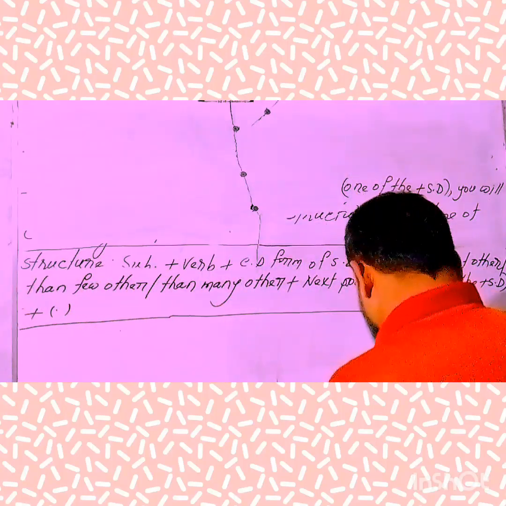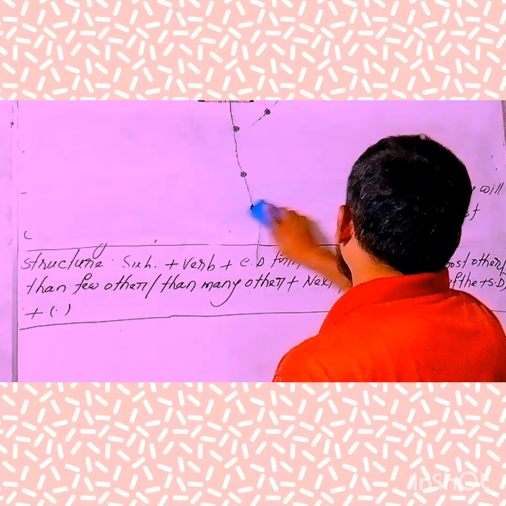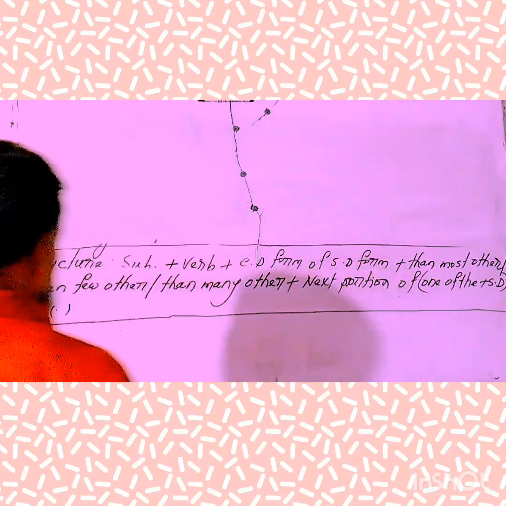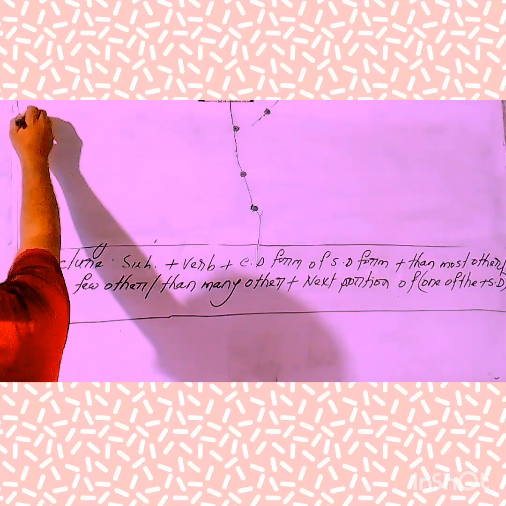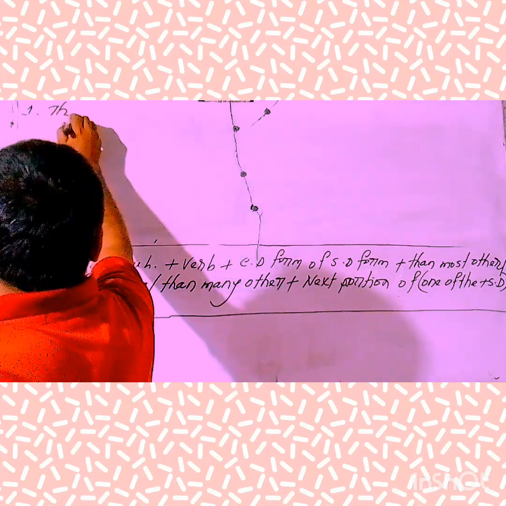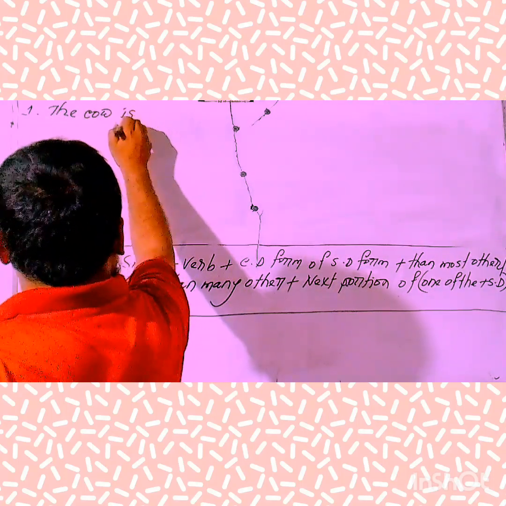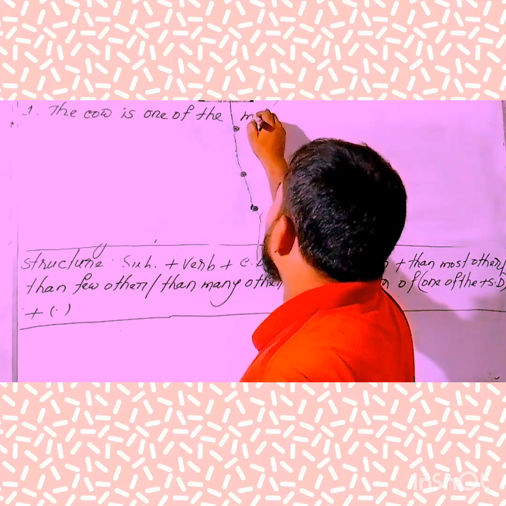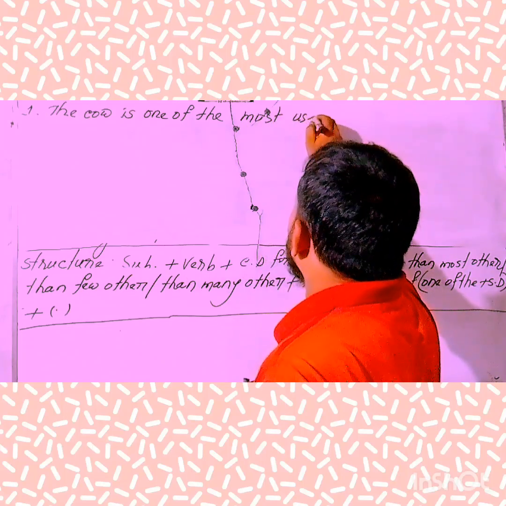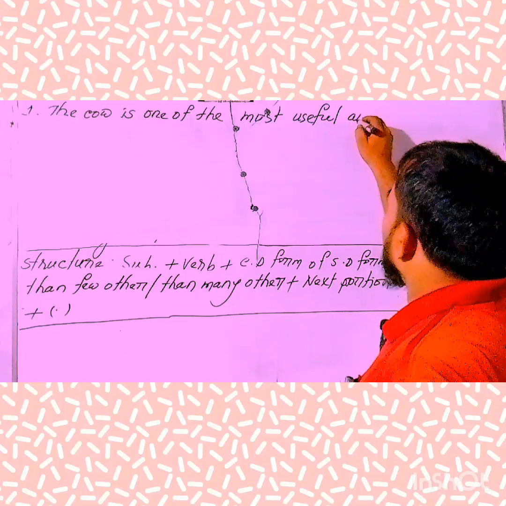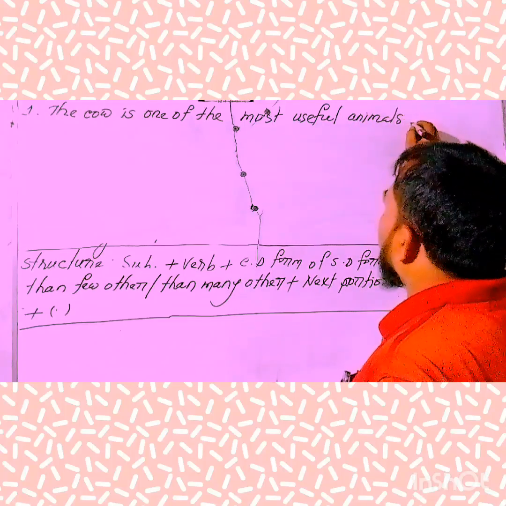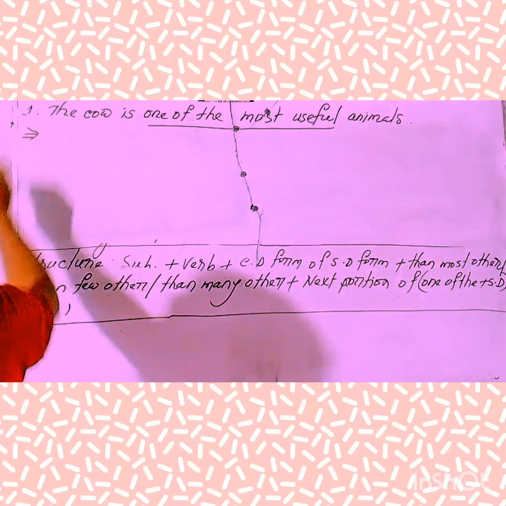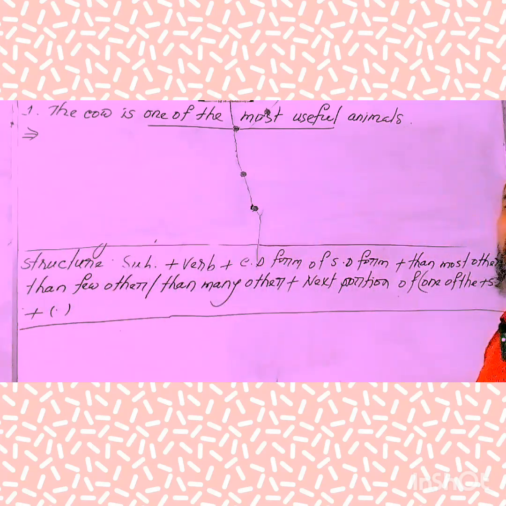Okay, my dear learners. Now I am trying to show you some examples to remove some complexity regarding this rule. So take a look at the board and try to understand. Number one, the cow is one of the most useful animals. Underline one of the plus SD. Now try to employ the structure pattern.